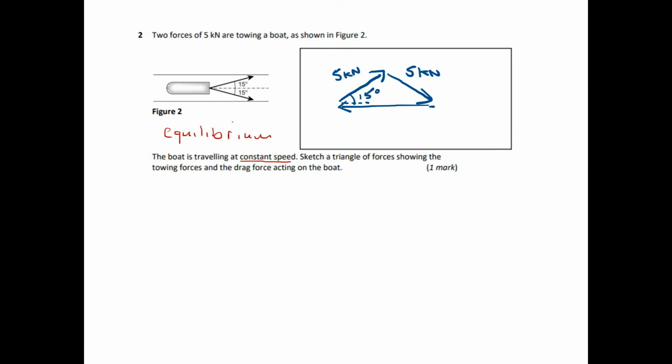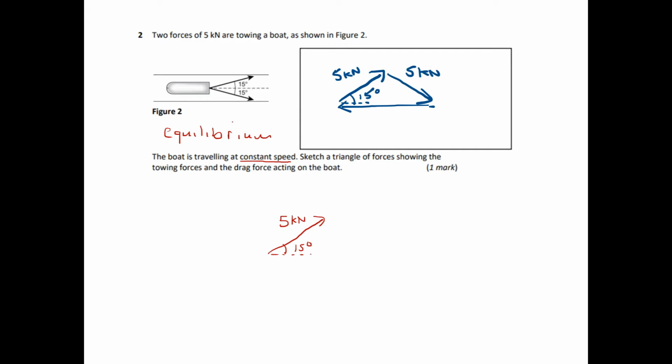The second thing to do is to start our vector triangle with the given forces. We're given one of the pulling forces shown here at an angle of 15 degrees, and we're told 5 kilonewtons.